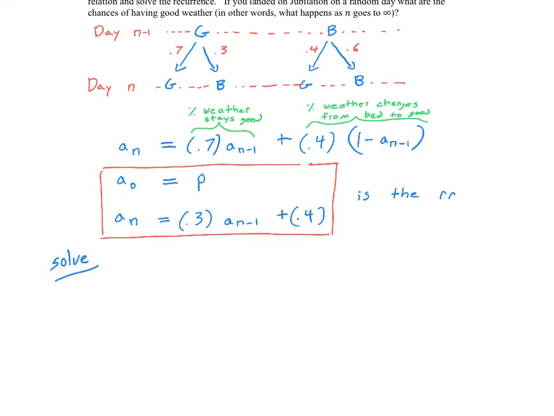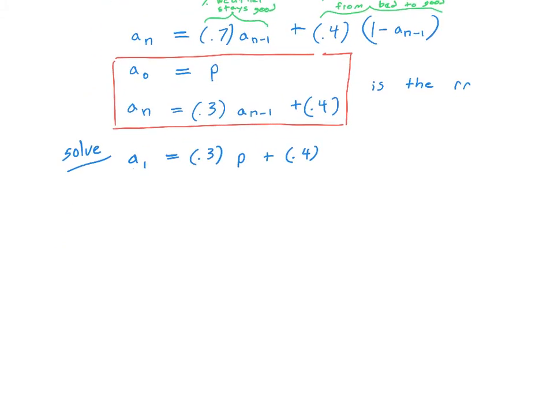So using iteration, a sub 1, the previous term was p, so we get 0.3 p plus 0.4. Now our next term in our sequence, a sub 2, we take everything that we had previously, multiply by 0.3, so we get 0.3 to the power 2 p plus 0.4 multiplied by 0.3, and then the final thing that we do is add on a 0.4.